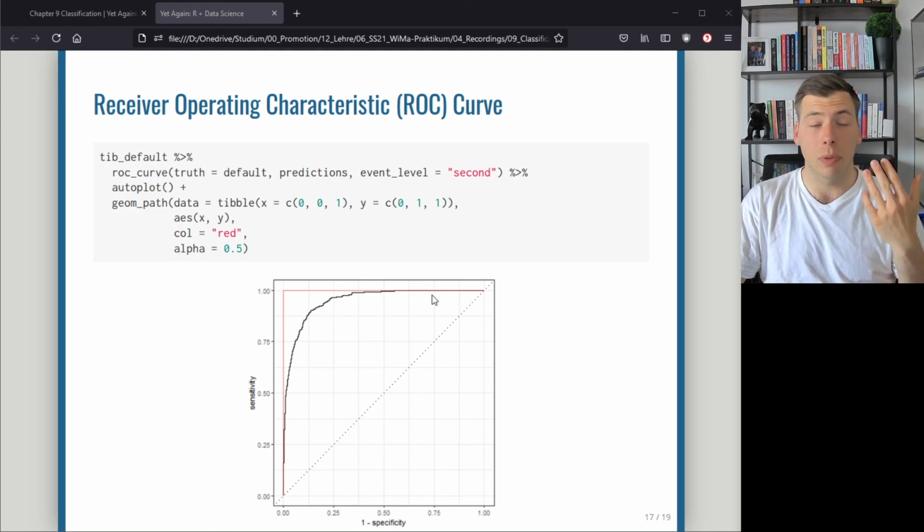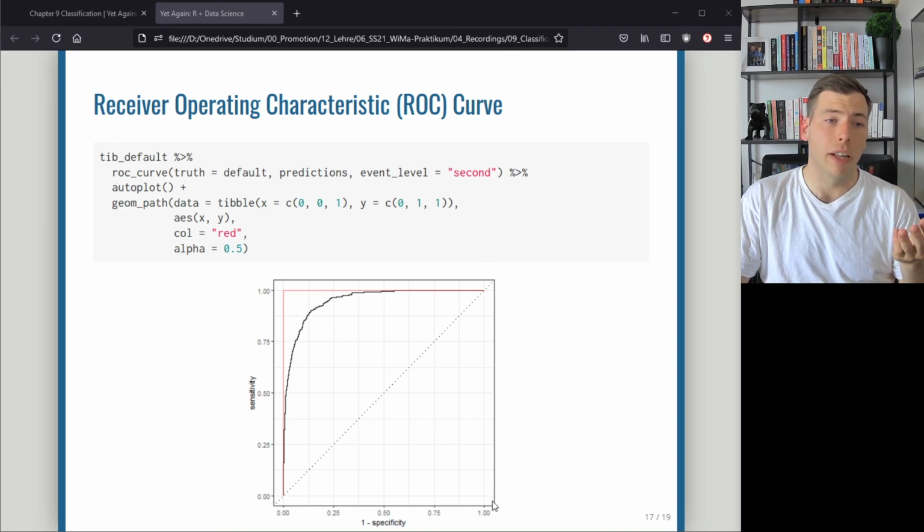Ideally, this would get as close to 1 as possible, because the area under the red curve is just 1. Also it should be way larger than 0.5, because that would be the area of the triangle under the dashed line.